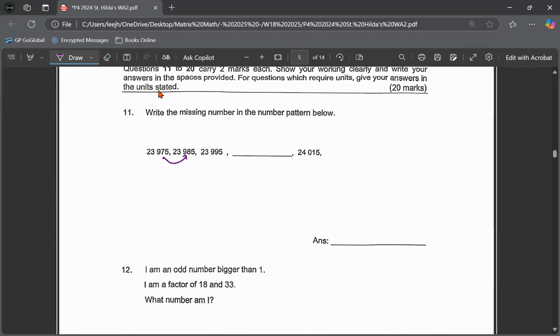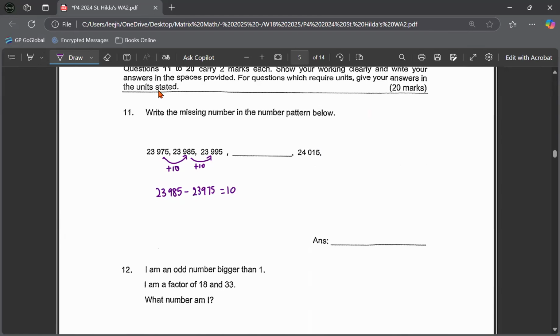So I'm going to find the difference between these two numbers. So it will be 23985 minus 23975. The difference is just a 10, which means from this number to the other number, increase of 10. So let's check if this one is also increase of 10. Yes, it is because 85 become 95. So plus 10. Okay, so now you know every single number increased by a value of 10.